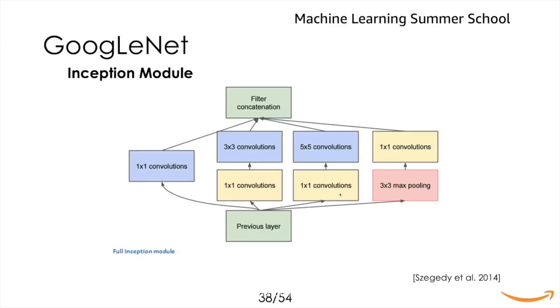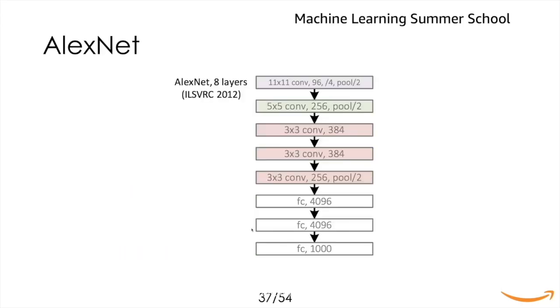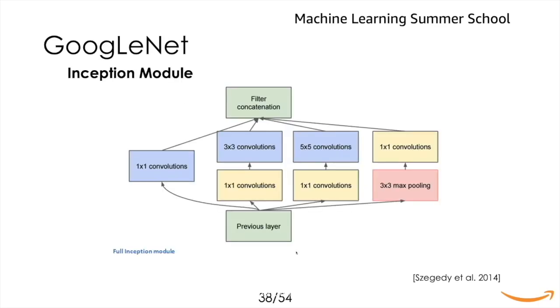And this is GoogleNet. In GoogleNet, you have a new module which is introduced called the inception module. So the inception module, instead of extracting features at a single scale using a single set of filters as in AlexNet, for example, where an 11 cross 11 filter is used and then a 5 cross 5 filter is used and so on, in the GoogleNet inception module, at a time you use filters of different dimensions.